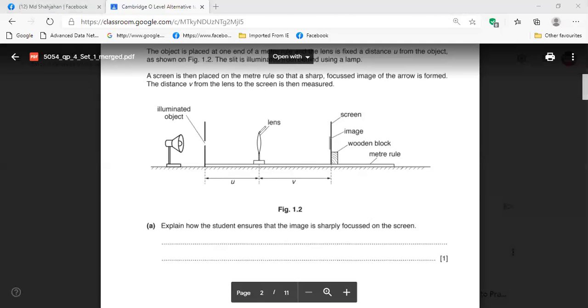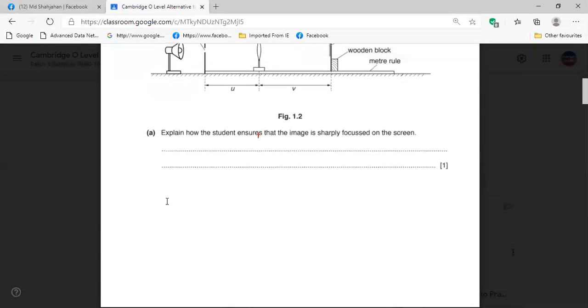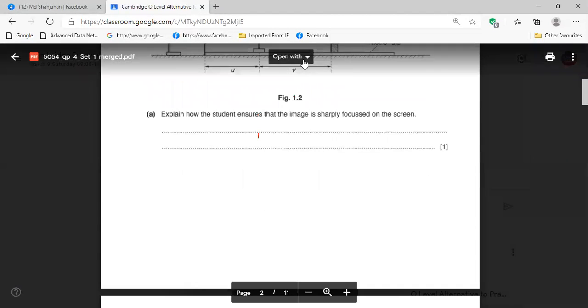Focal point is for a lens. For example, it is a lens, right? So this lens has an optical axis. I'm drawing bigger, then you'll understand it. Like this one is your lens, okay?